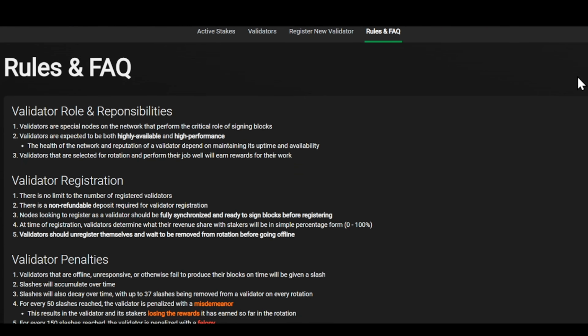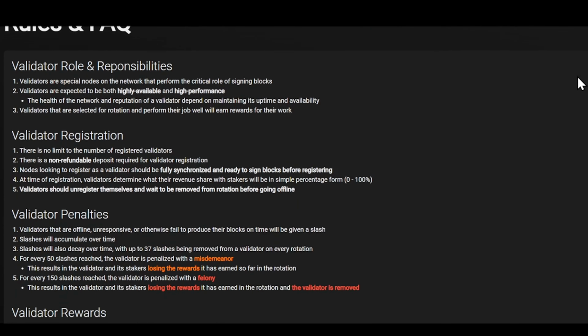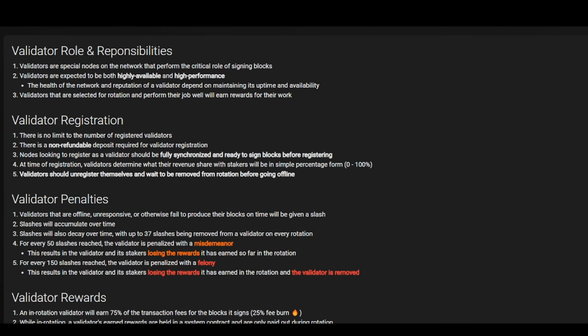We got the rules and FAQ. So whenever it comes to validator rules and responsibilities, we got number 1, which states that validators are special nodes on the network that perform the critical role of what is known as signing blocks. Number 2, validators are expected to be both highly available and high performance.